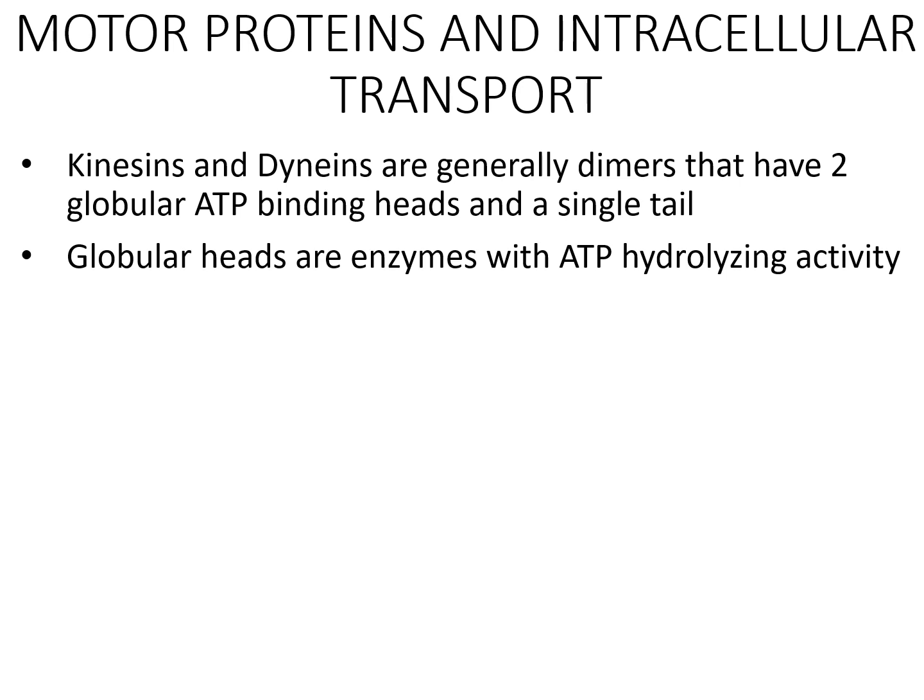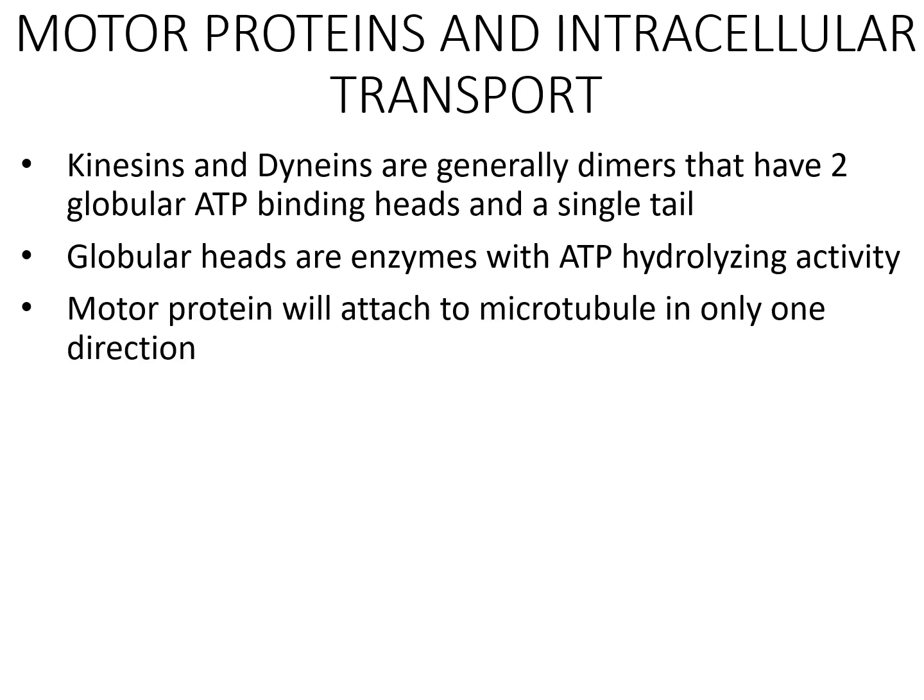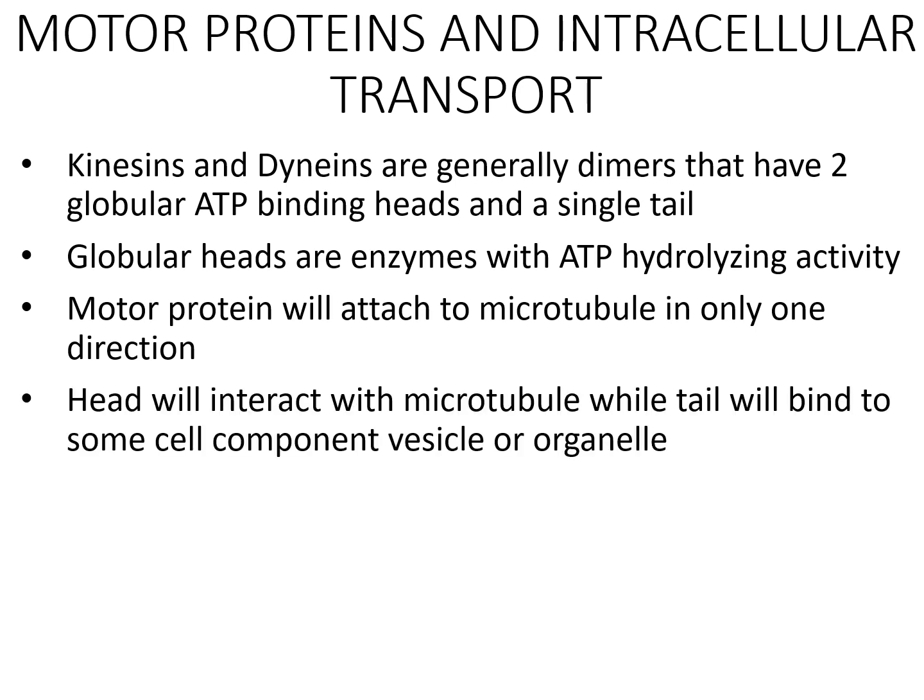A motor protein will bind to a microtubule in only one direction, which is the head direction, and the tail will bind to a cellular component or their cargo protein, or anything that they want to carry in between organelles. It could be a vesicle, it could be any cellular structure or anything like that.